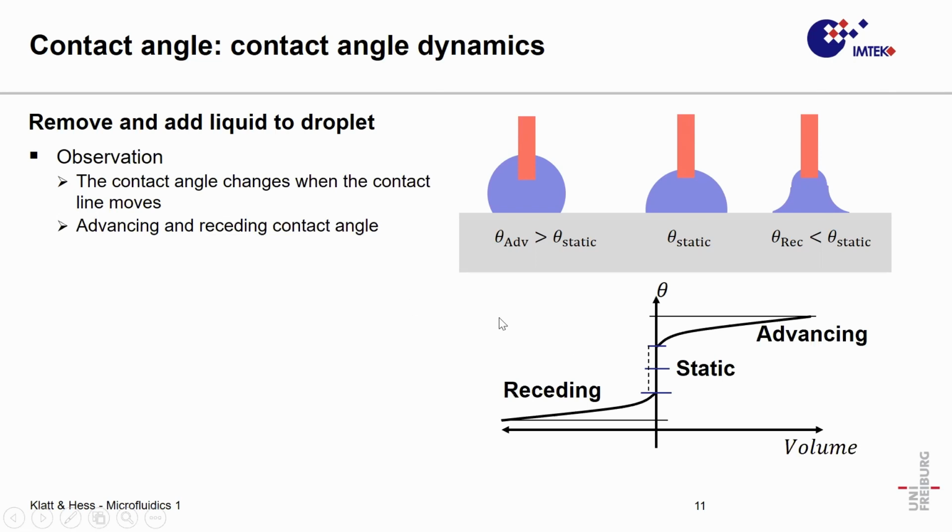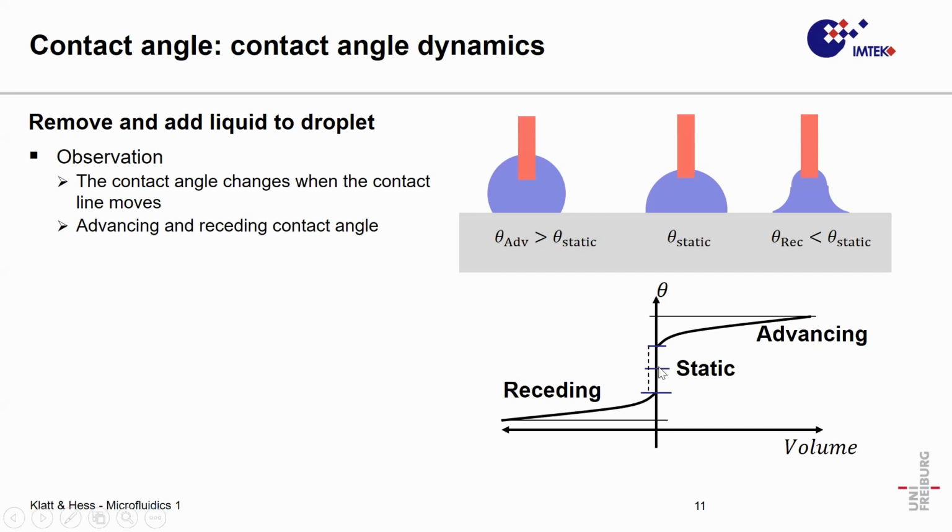And this is what we call the contact angle hysteresis. And this can be described by the graph at the bottom here. So there's a contact angle theta on the y-axis, and there's the volume on the x-axis. In the static case, you have a defined contact angle.